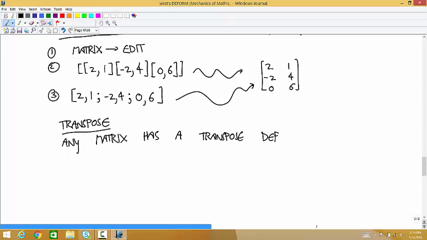Let's say any matrix A has a transpose B, and the definition is the ijth element of B is equal to the jith element of A. So you get that by switching the rows with the columns.